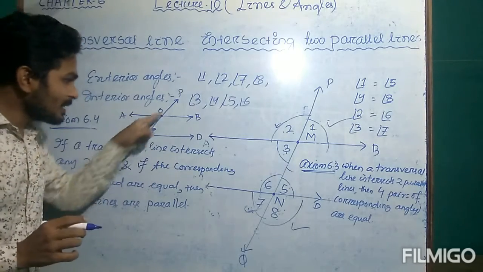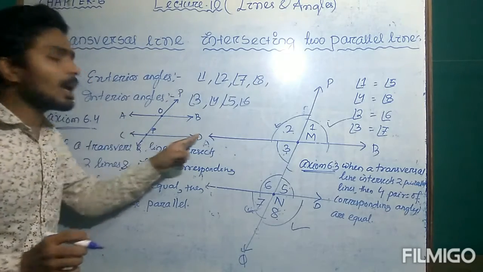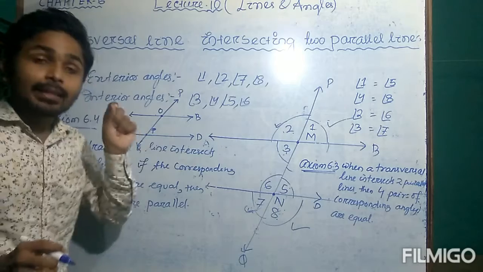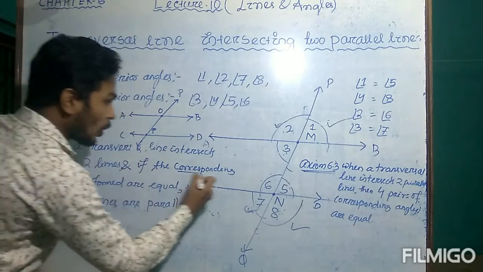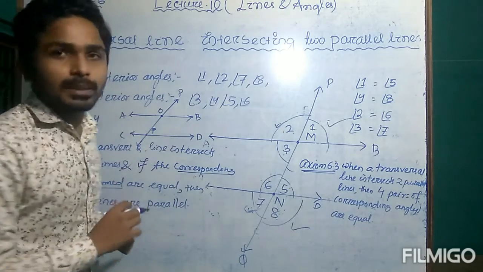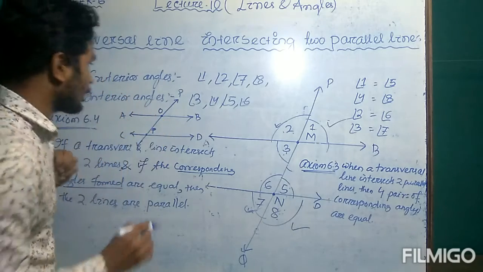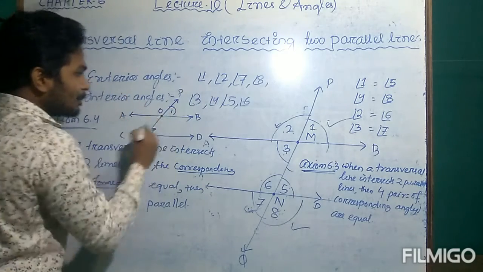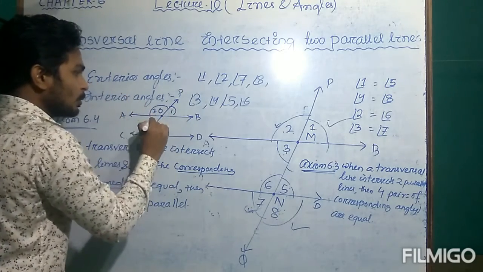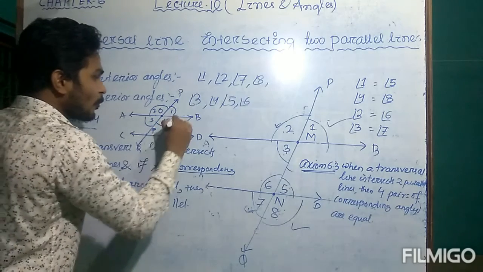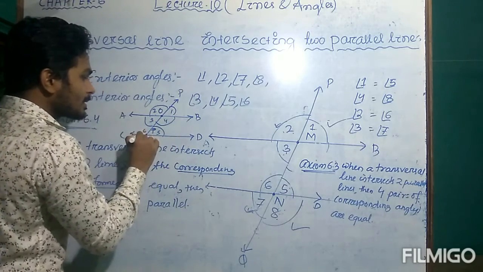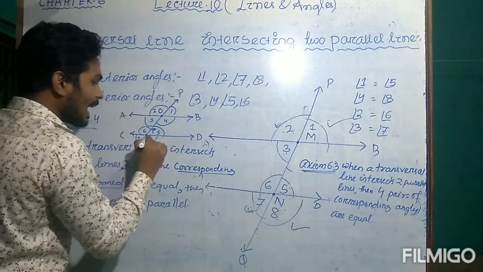Then whenever this transversal line intersects any two lines AB and CD at two distinct points, then the corresponding angles formed, how many corresponding angles are formed here? 4 pairs of corresponding angles formed, right? Suppose we name them. This is 1, this is 2, this is 3, this is 4, 5, 6, 7 and 8.